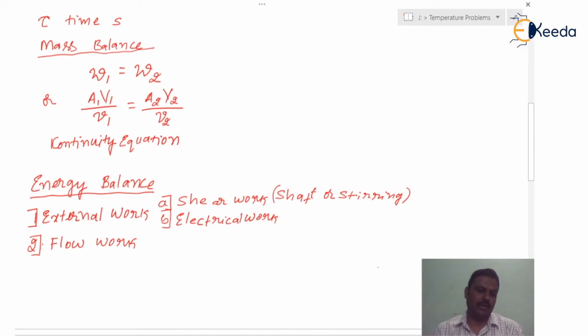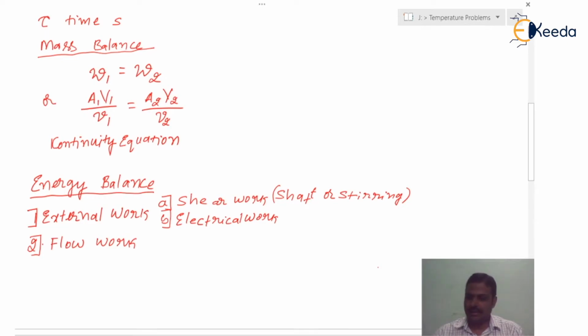And the flow work is caused by the flow of fluid with a mass of dm1 at inlet and dm2 at exit.